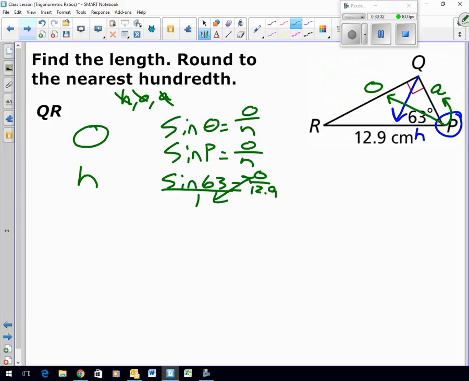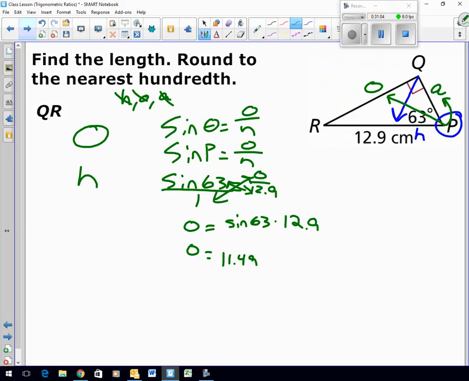This is O, not 0, but O. So opposite would equal 1 when I multiply sine 63 times 12.9. 11.49. Fine.